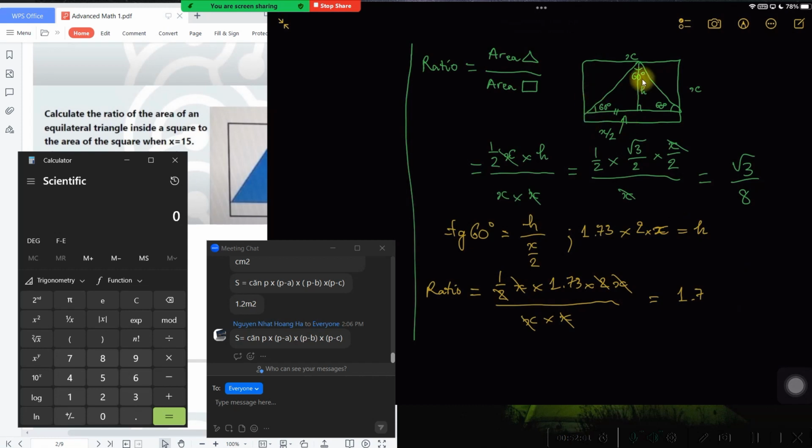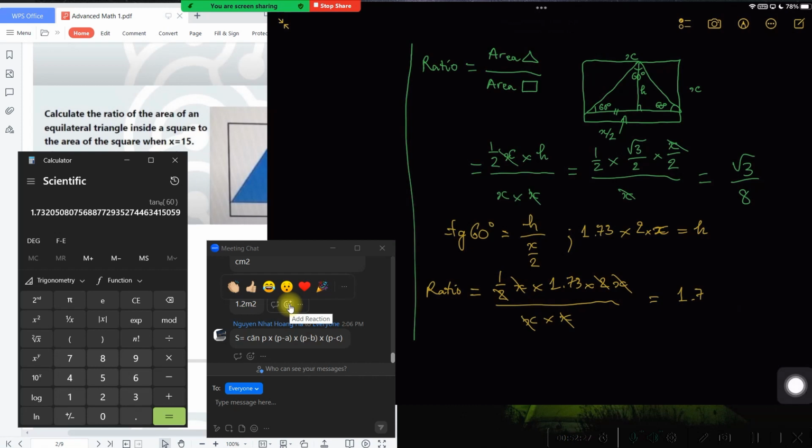Because if you apply tangent, yes, đối trên kề, opposite divided by adjacent, tan 60. And then divide by 2.